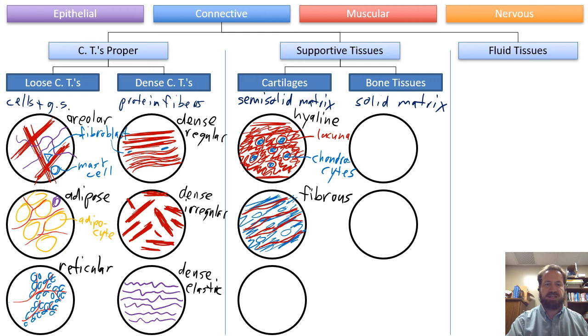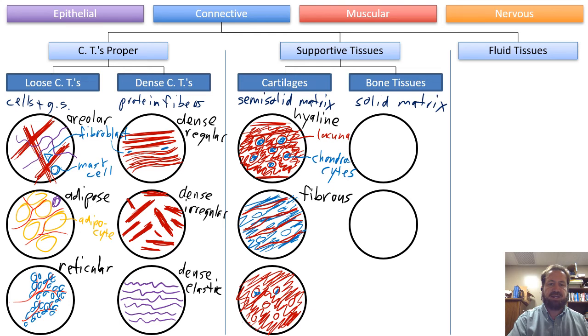And then finally, we have one more kind of cartilage that, again, has this pattern of lacunae with chondrocytes in them.